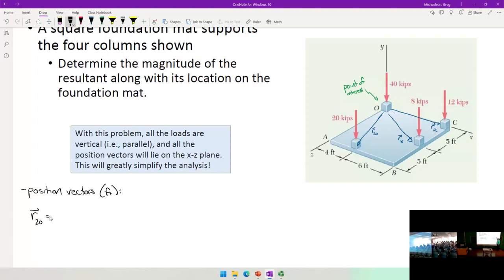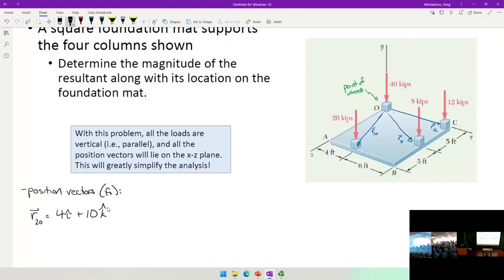How far along do I go in the y? 0. And how far along do I go in the z? 10. So this r vector is going to be 4i plus 10k. Is that a fair statement?